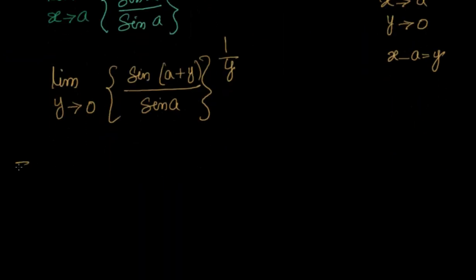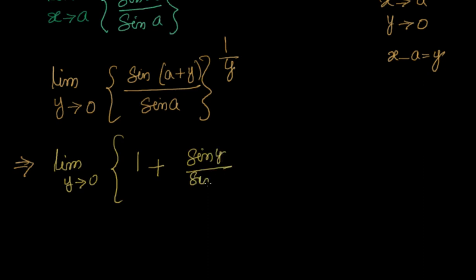So next step will be, now you can see I want to have the form of, as y tends to 0, 1 plus y whole to the power of 1 by y. Now I don't have 1 there, so as usual I will try to work on my 1. So I will say limit y tends to 0, 1 plus sin y divided by sin a minus 1, whole to the power of 1 by y.